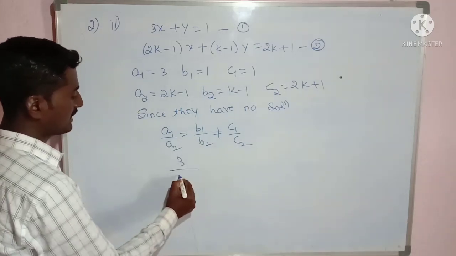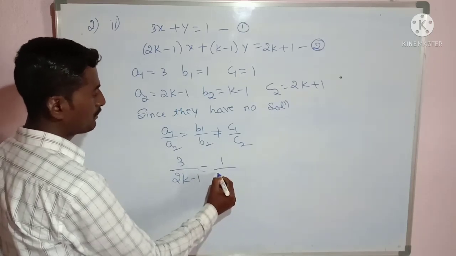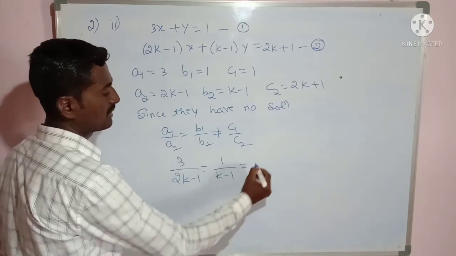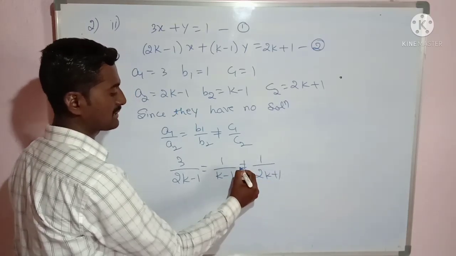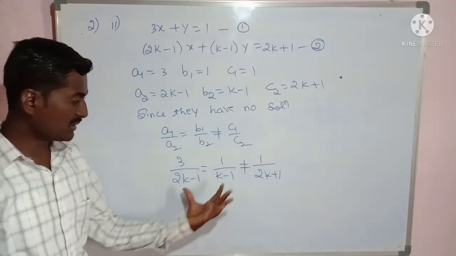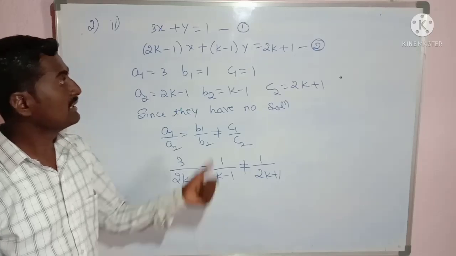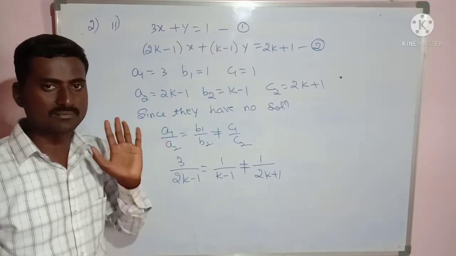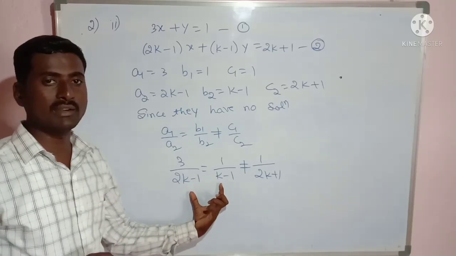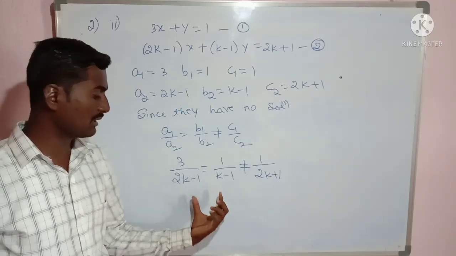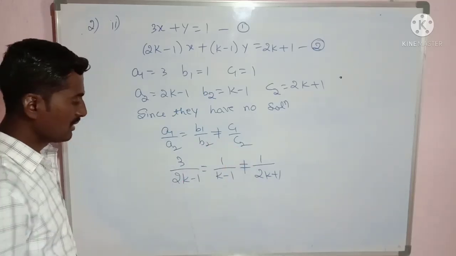A1 is 3, A2 is 2k minus 1, B1 is 1, B2 is k minus 1, C1 is 1, C2 is 2k plus 1. This is the not equal sign. Now by using this condition, I have to find the value of k, for which these equations have no solution. To find the value of k, first I will take these two terms. You can automatically find the value of k because the only unknown is k.